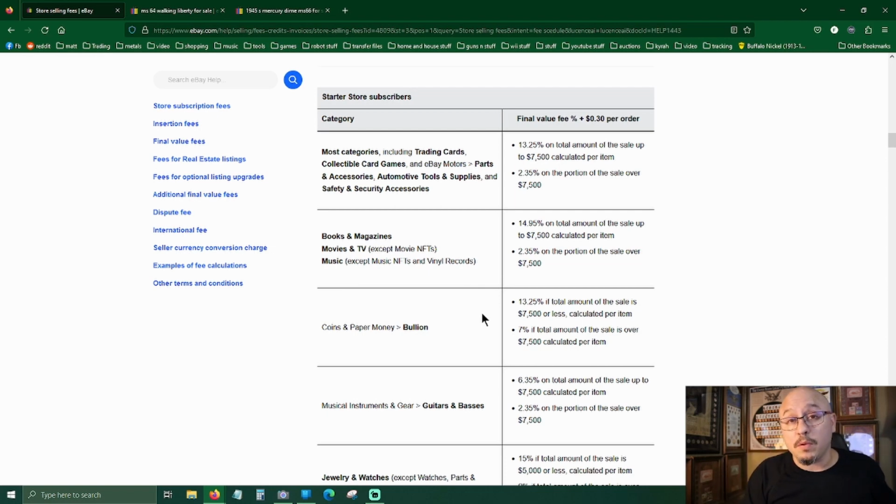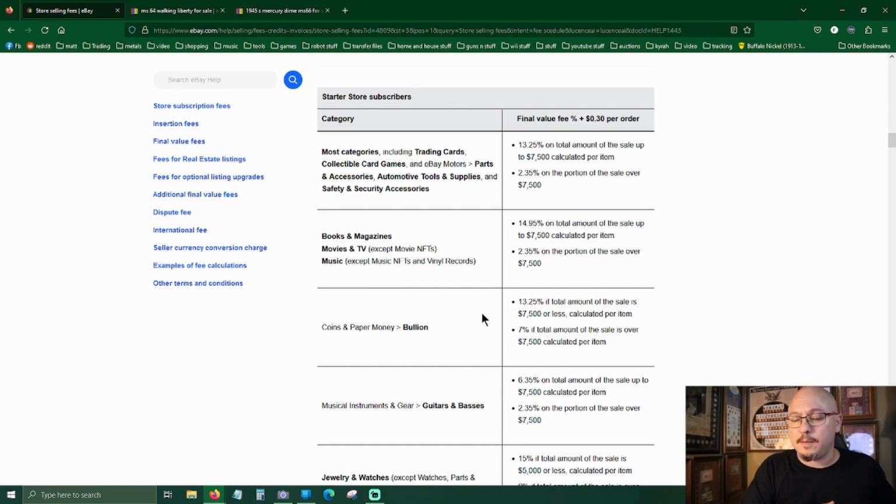Here's another important point. Total amount of the sale includes shipping. Way back in the day, to circumvent eBay's fees, people would have a low listing price but a huge shipping price. Because eBay wasn't putting fees on the shipping price, people were avoiding those fees.